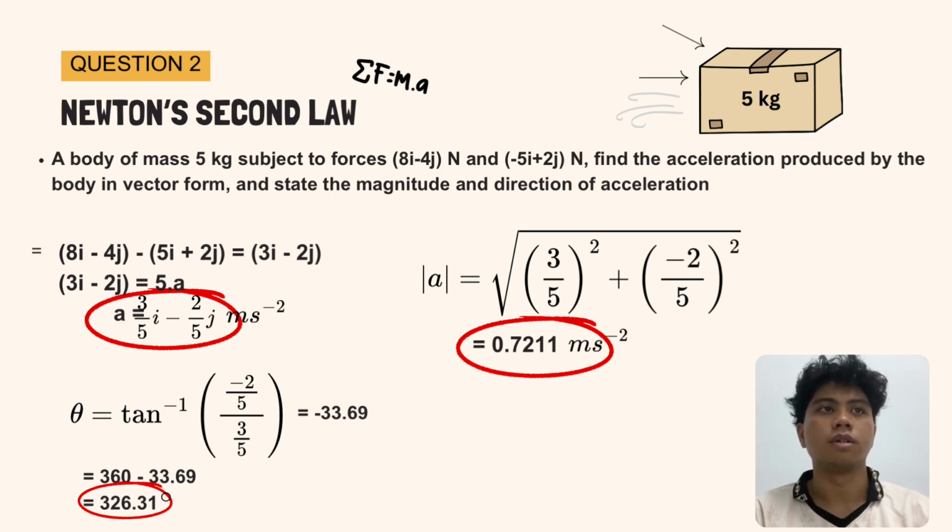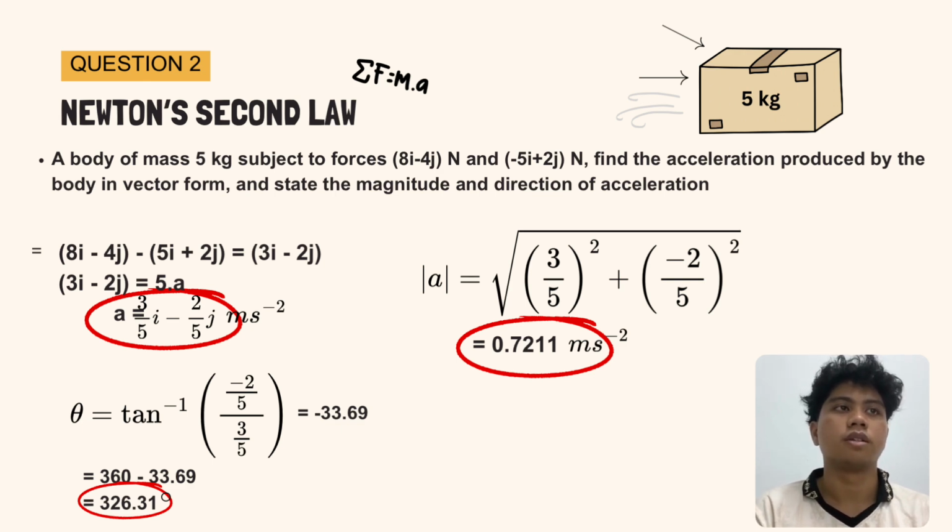So, in order to find the acceleration, we will need to find the resultant force. Since there are two forces acting upon the object, we will combine those two. 8i minus 4j minus 5i plus 2j, we will get our net force, which is 3i minus 2j.